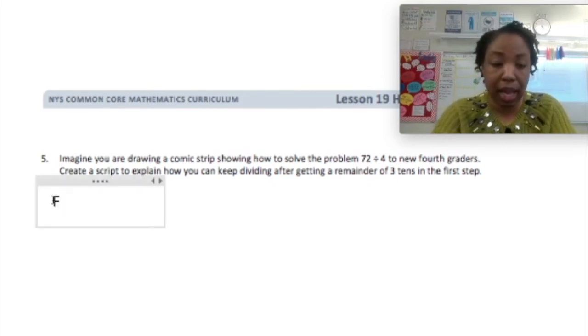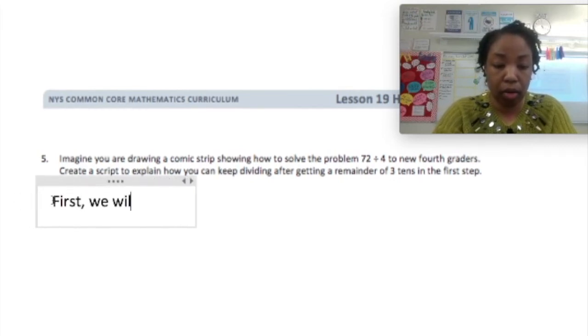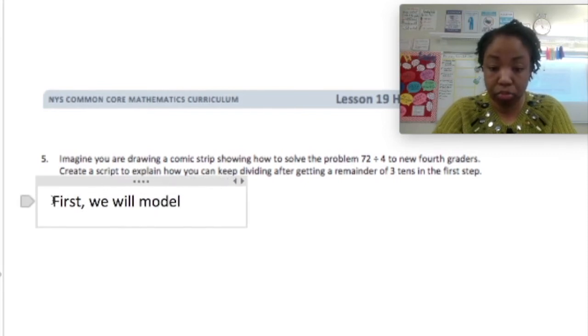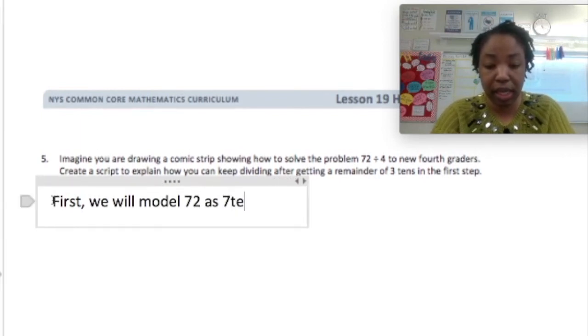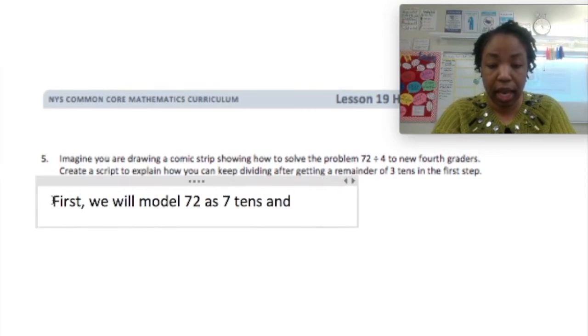So we would say, first, we will model 72. And what is 72? 72 is 7 tens and 2 ones.